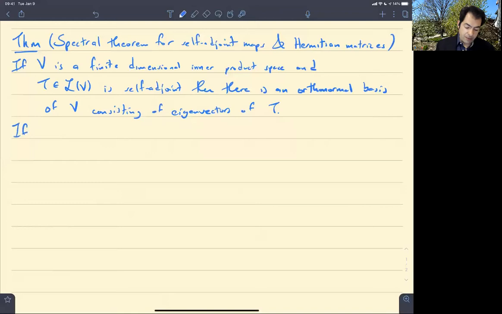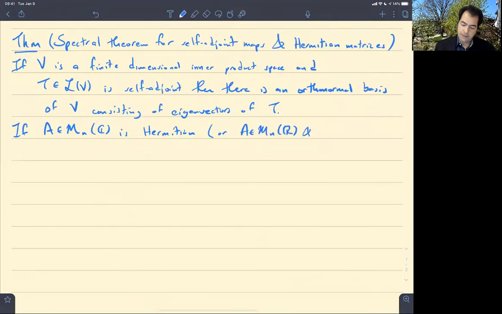Let's state the theorem for Hermitian matrices. It's the same theorem just for matrices. So say you have a matrix with complex coefficients, including the case where you just have real coefficients. So we're saying that it is Hermitian, or in the real case, let's say you have real coefficients, it is symmetric.